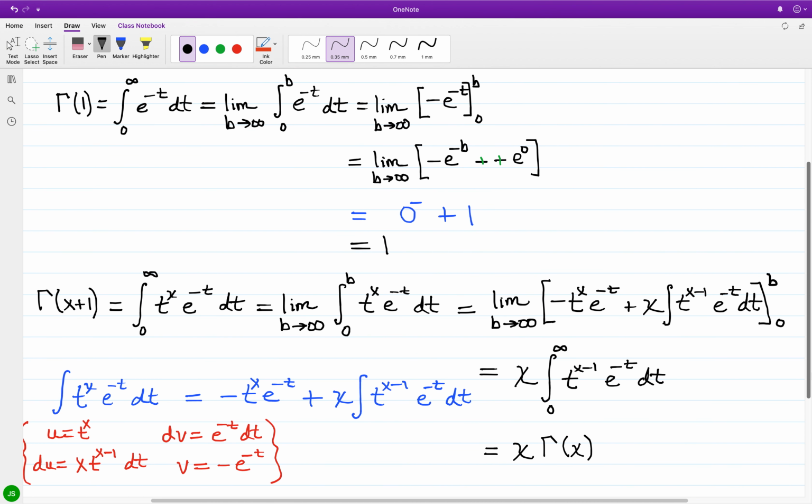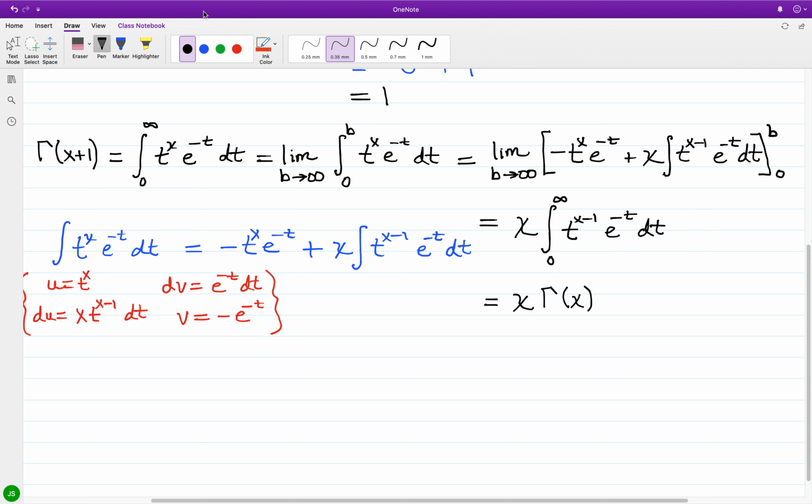Again, using the frames of reference, we have gamma of 1 is equal to 1, and we have gamma of x plus 1 is equal to x times gamma of x.